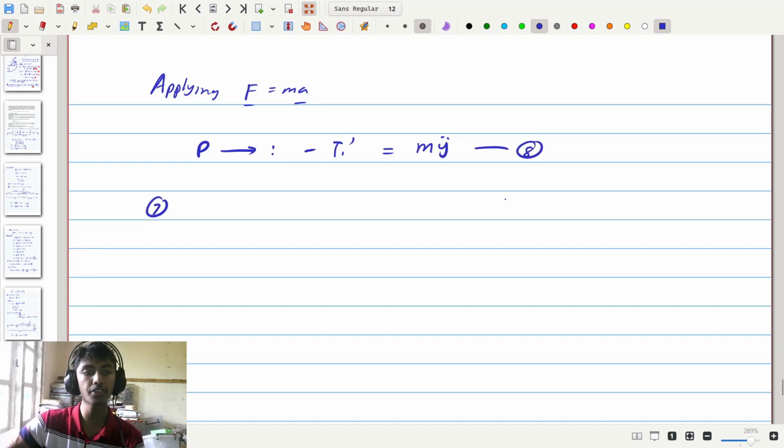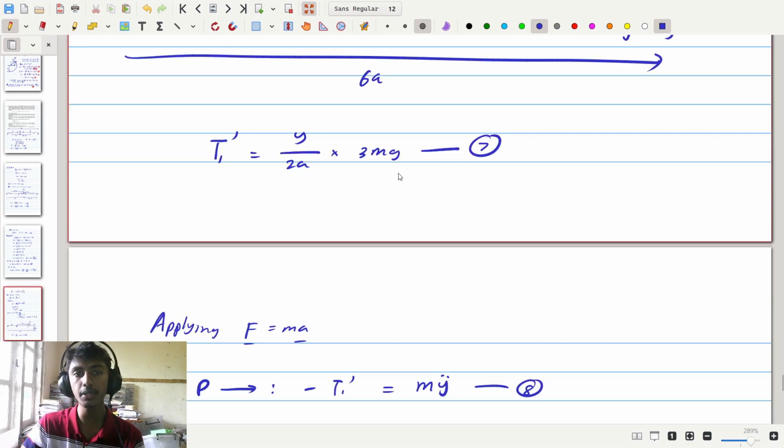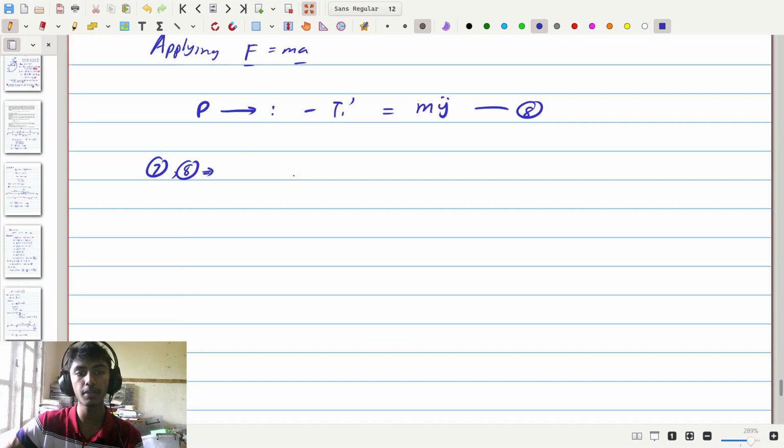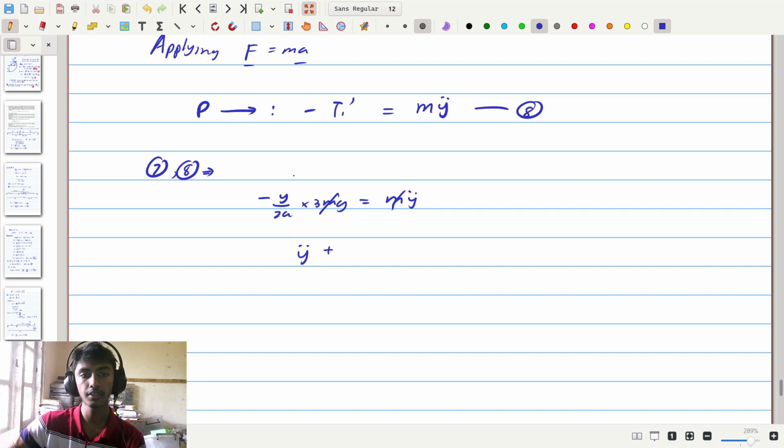If we combine 7 and 8, we get negative y over 2a times 3mg equals m y double dot. Rearranging, cutting the m, we get y double dot plus 3g over 2a times y equals 0.